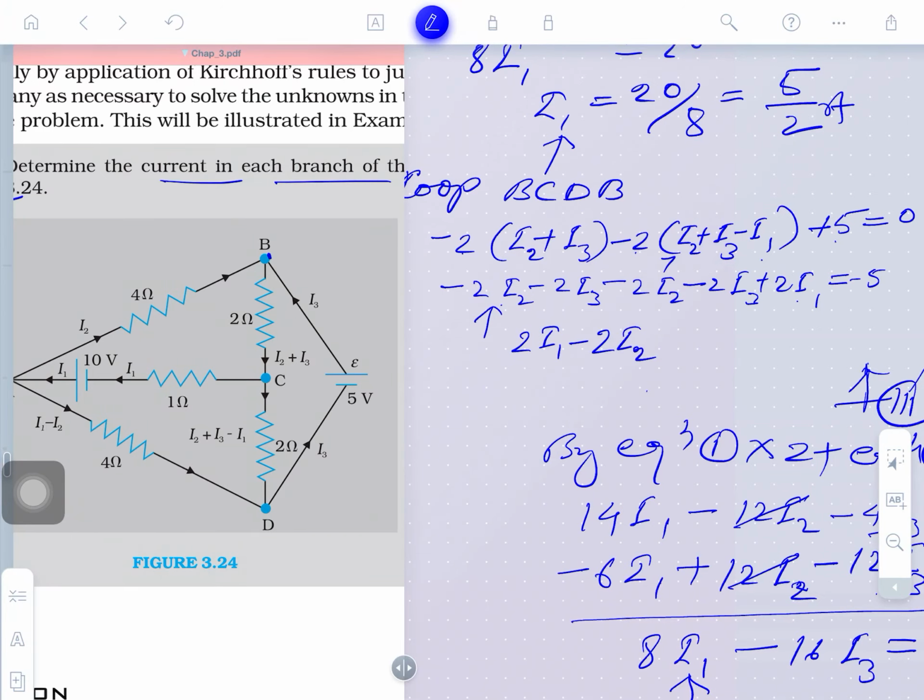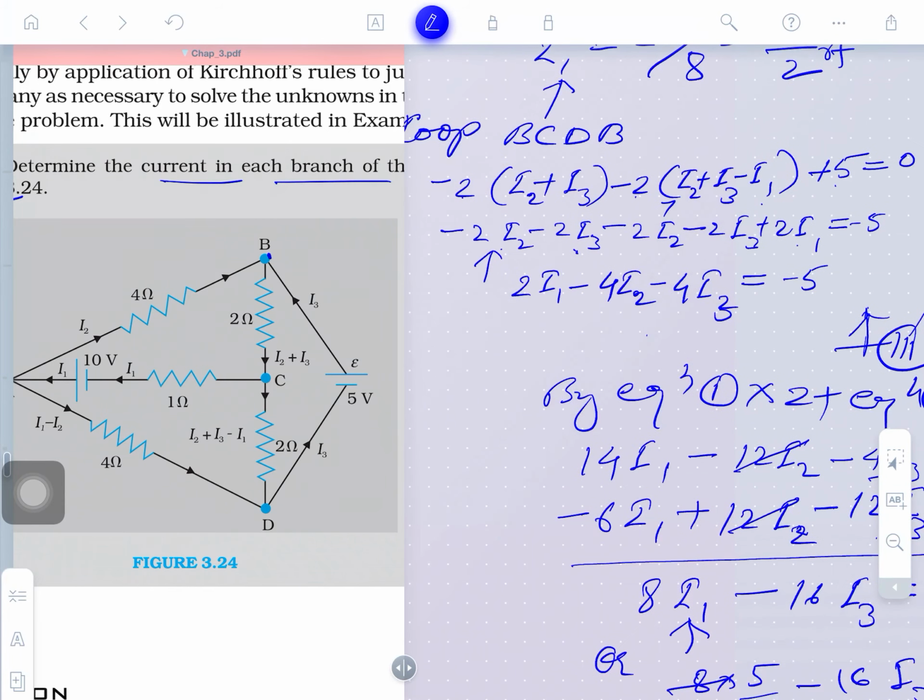Minus 2I2, 4I2. 4I2 is there. Okay. And I3 minus 4I3 will also there. Is equal to minus 5. Nothing else is there. So I1, that's all. This is the equation here, okay?